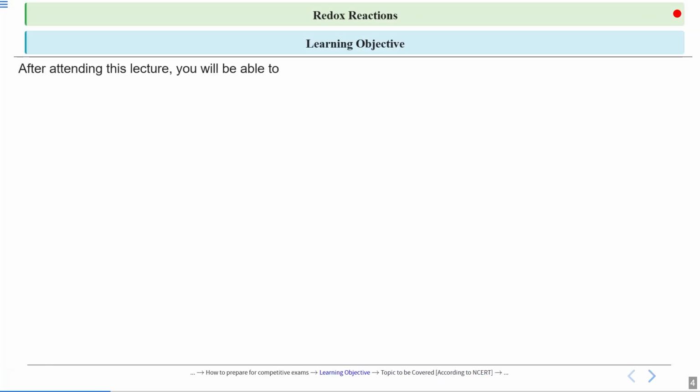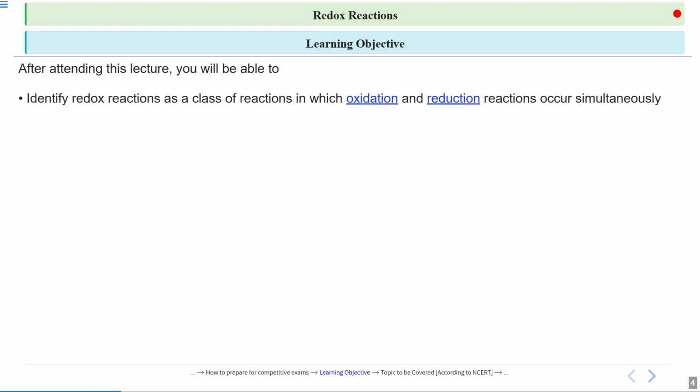So here is the learning objective, what we will be able to understand after completing this lecture. After attending this lecture, you will be able to identify the redox reactions as a class of reactions in which the oxidation and reduction reactions occur simultaneously.